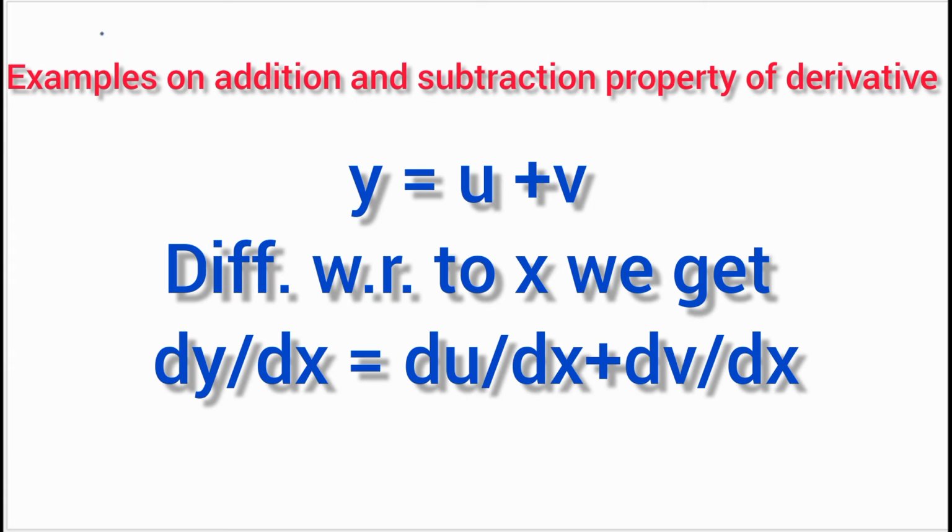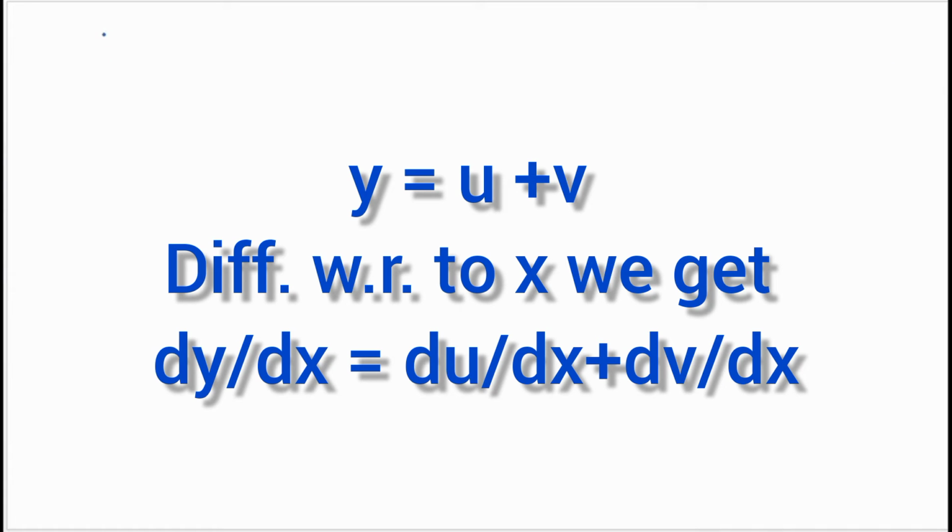Let's solve some examples based on the addition and subtraction property of the derivative. Take the first example: y equal to root x plus sine of x minus e raised to x.